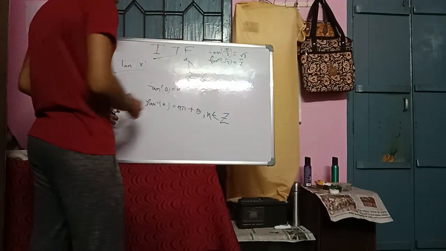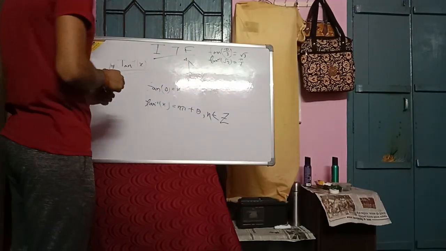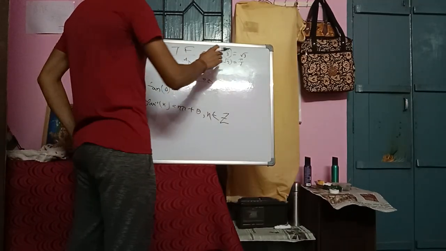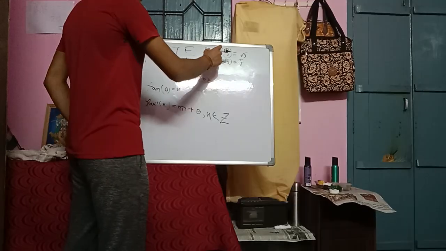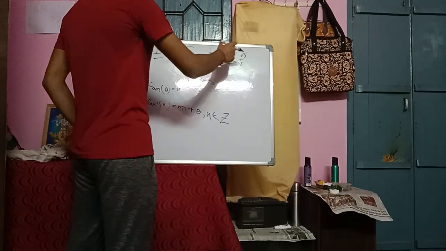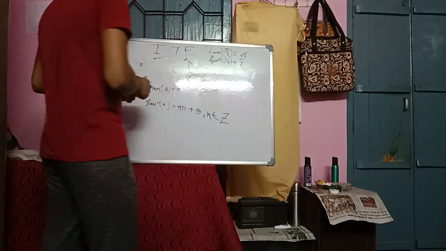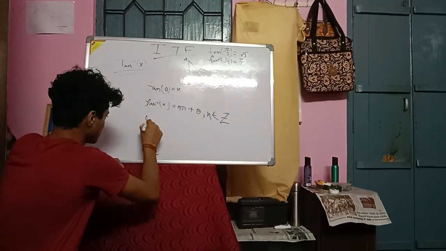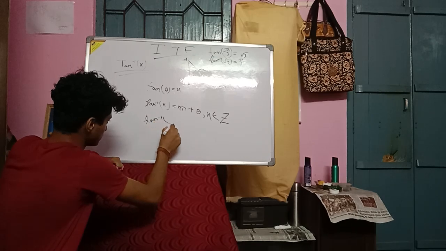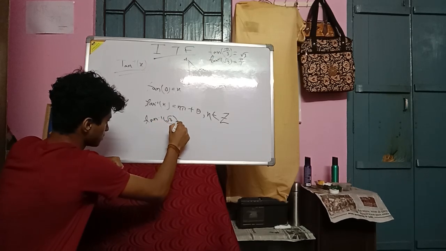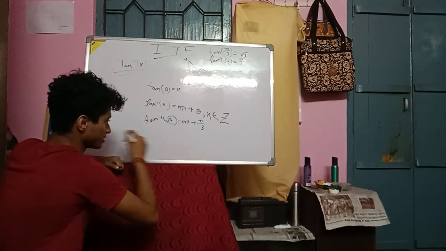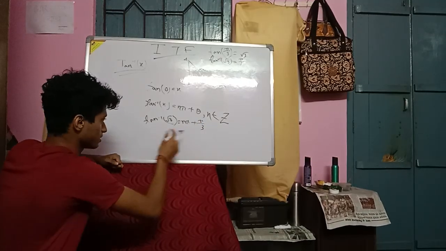Let's say for root 3, the first time root 3 shows up for the tan function is pi over 3. So we can write tan inverse of root 3 is going to be n pi plus pi over 3 for different values of n.